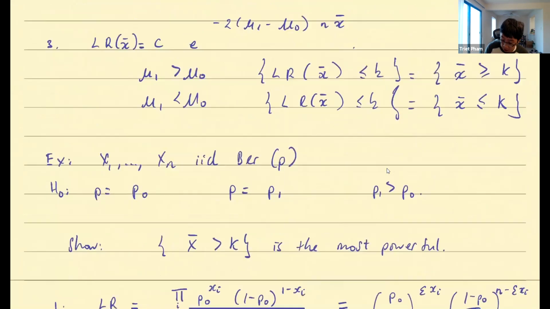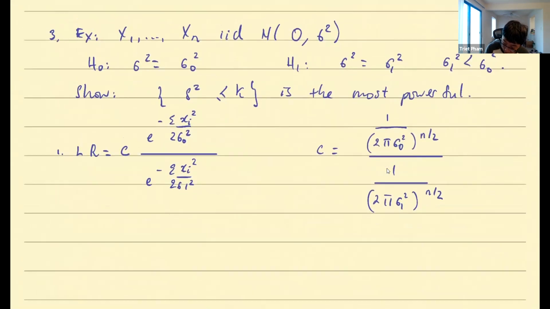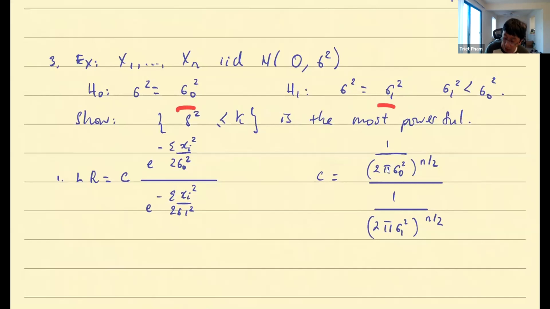Here they don't cancel because we assume they have different variances. But either way, this does not play any role in analyzing the connection between the likelihood ratio and the sample. So I just put it as a constant, but I highlight it so you see it.